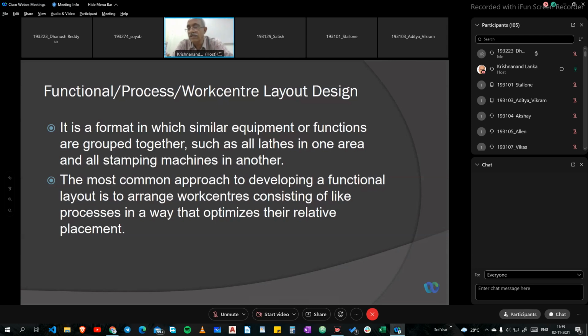To attend classes, you come here. To have banking issues sorted, you go to the bank. You are not operating in a mass production line. You are operating in a batch type. Only thing is, year on year, the batch size is increasing.